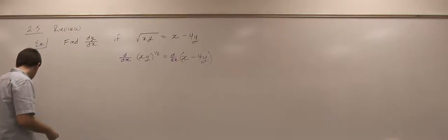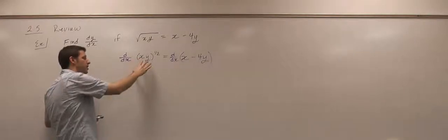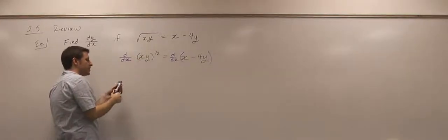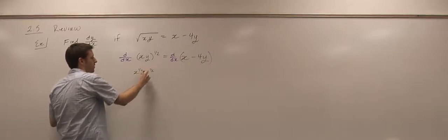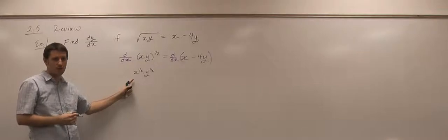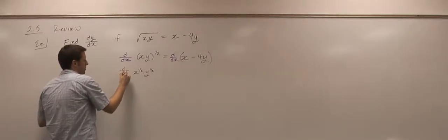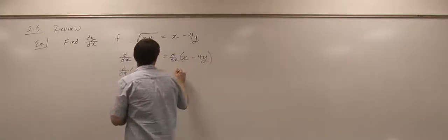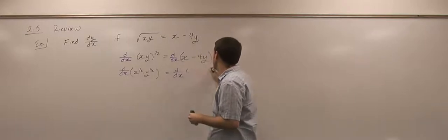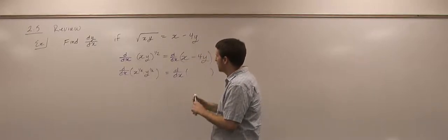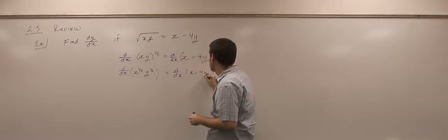Chain rule. It's technically a couple of chain rules. There are two ways you can do it. You can either do a chain rule, or you can split it up into x to the 1/2, y to the 1/2. If you do it like that, then it's just a product.